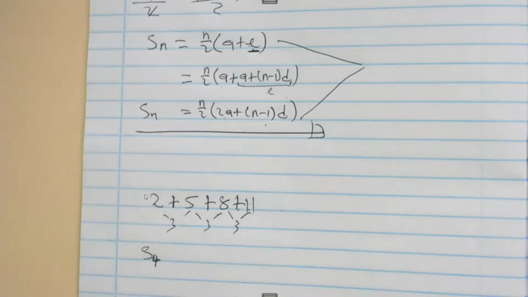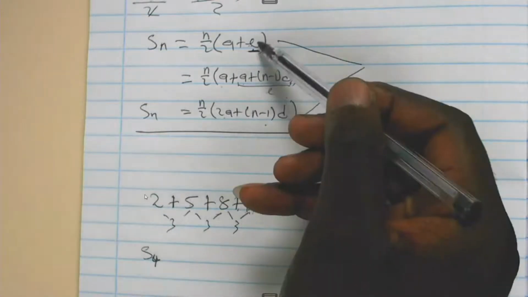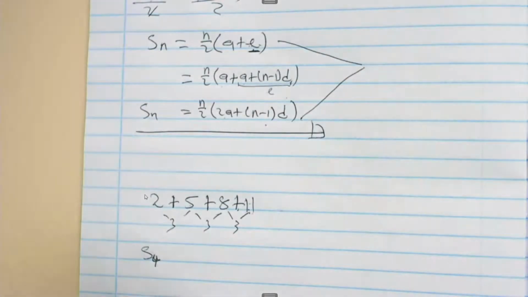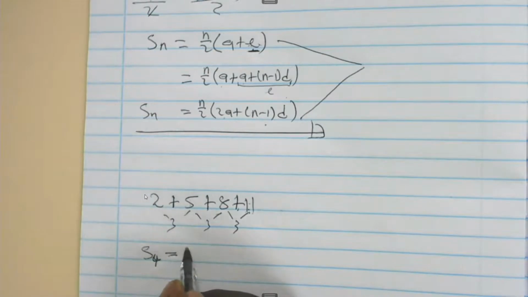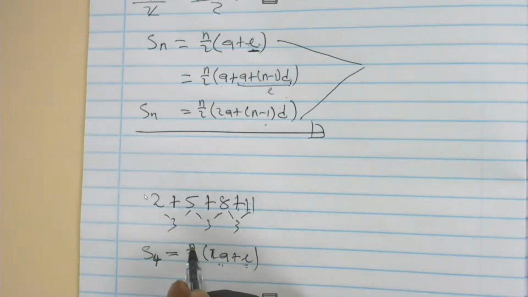Now, if we are to find this using one of these two formulas, let's start with this one because we have the last term. The sum of the first 4 terms would be equal to n over 2 into a plus l. Our a is the first term, l the last term, and n the number of terms that you are adding up.